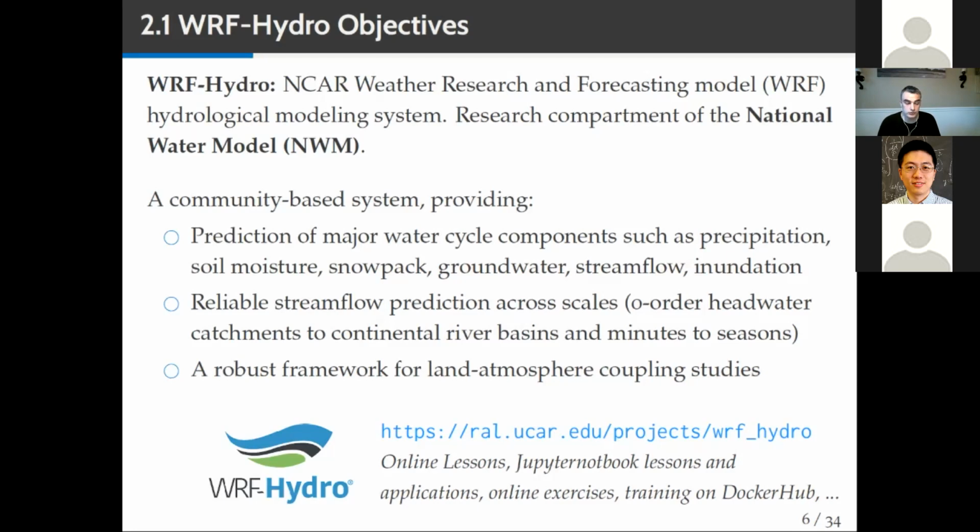With WRF-Hydro, we could also provide reliable stream flow prediction across scales, going from zero order headwater to big catchments with many different streams. Then we can model on different time scales, going from minutes to seasons. And once we couple that with the land model, we end up with a robust framework for land atmosphere coupling. You can do many studies with that.